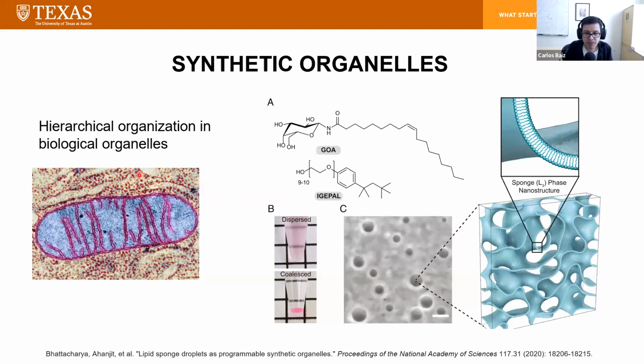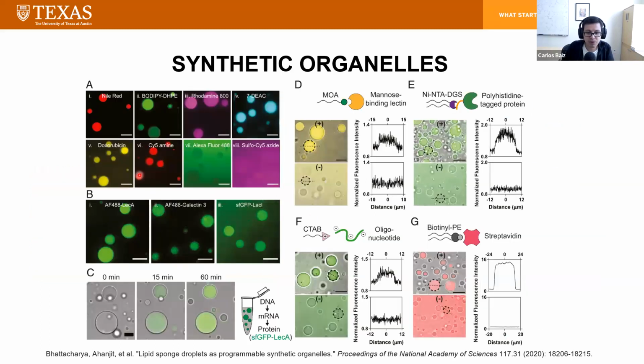The Varage group, in this paper that they published in 2020, did a lot of different studies on these synthetic organelles, or sponge droplets, as they call them. You can put all sorts of different staining dyes, and they all go in there. You can even put proteins here. These are different proteins that interact with the carbohydrate head group.